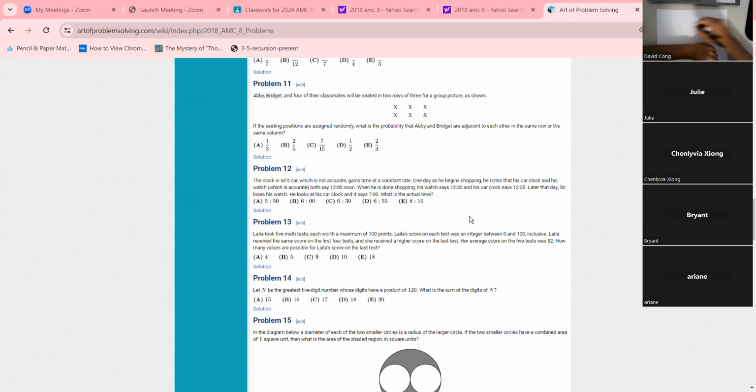So what do we know? She scored x on each of the first 4 tests. We'll call her last test score y. The average of these is 4x plus y over 5, which is equal to 82. So we can say 4x plus y equals 410.